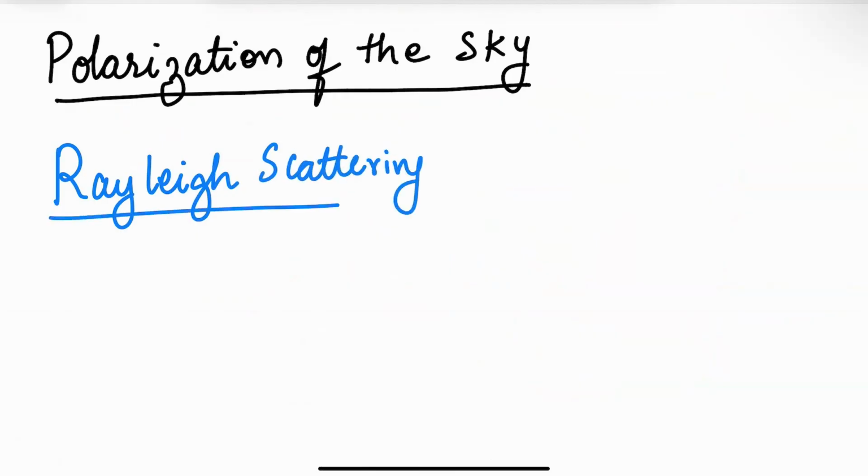So Rayleigh scattering occurs when the wavelength is much larger than the size of the particles. In the air, it's N2 molecules and O2 molecules, and the wavelength is usually much larger than those. And this Rayleigh scattering is also the reason why the sky is blue, which we won't discuss now.